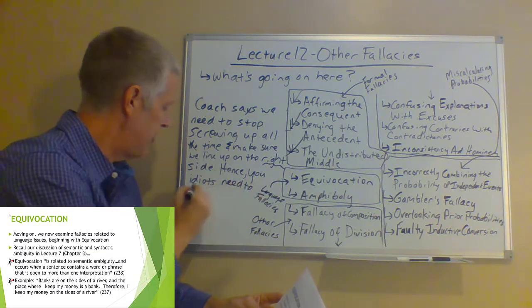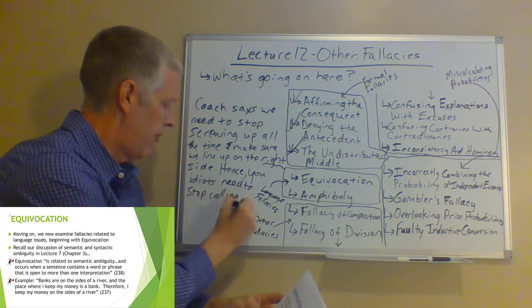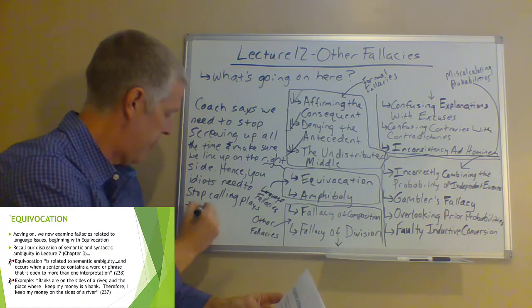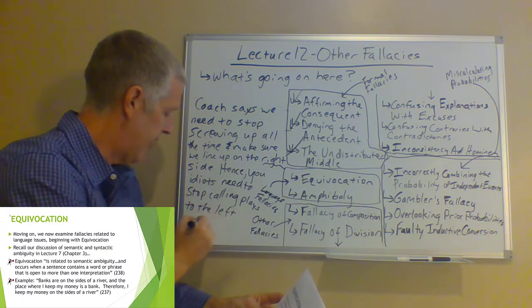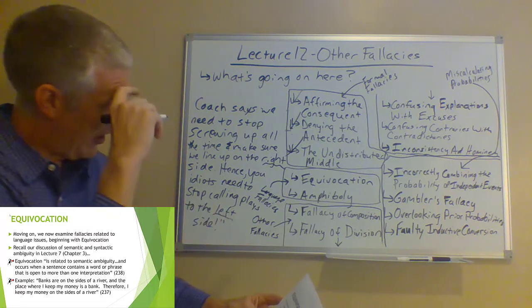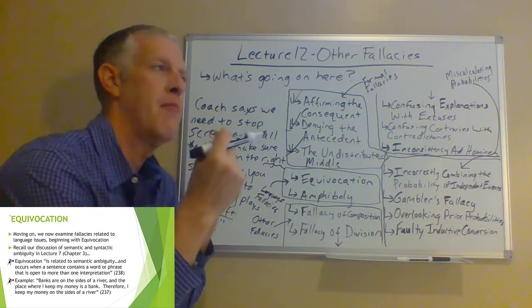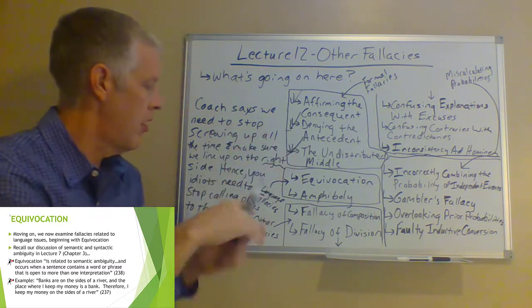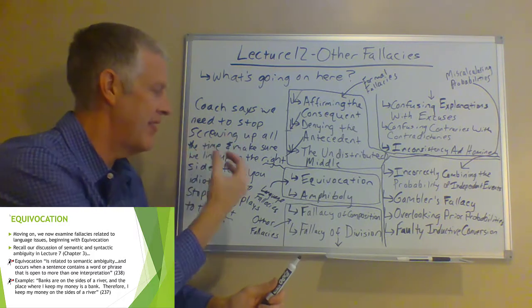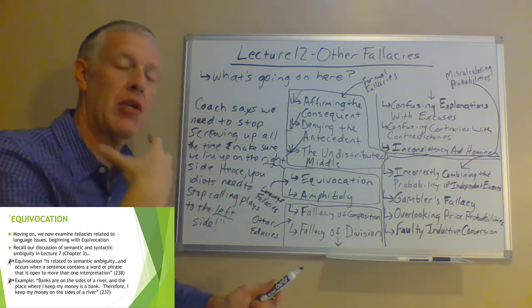you idiots need to stop calling plays to the left side. Okay. So in the first, right, the mistake turns on the conflation of two meanings or senses of the word right. Here, it was used as correct, right?